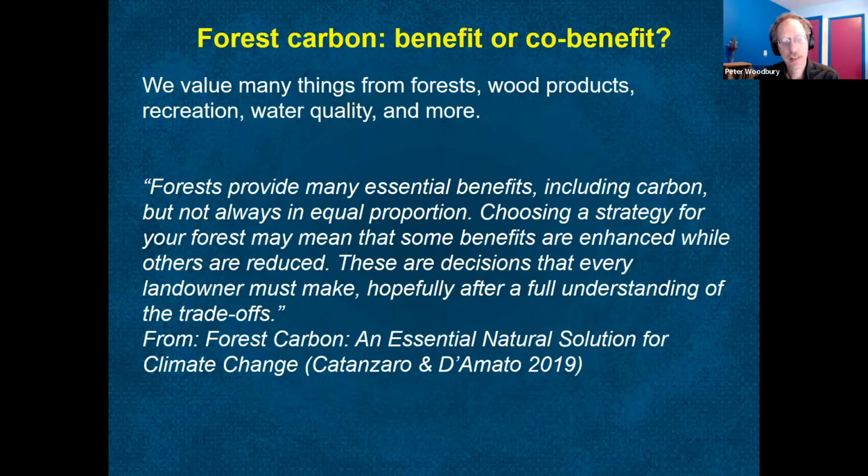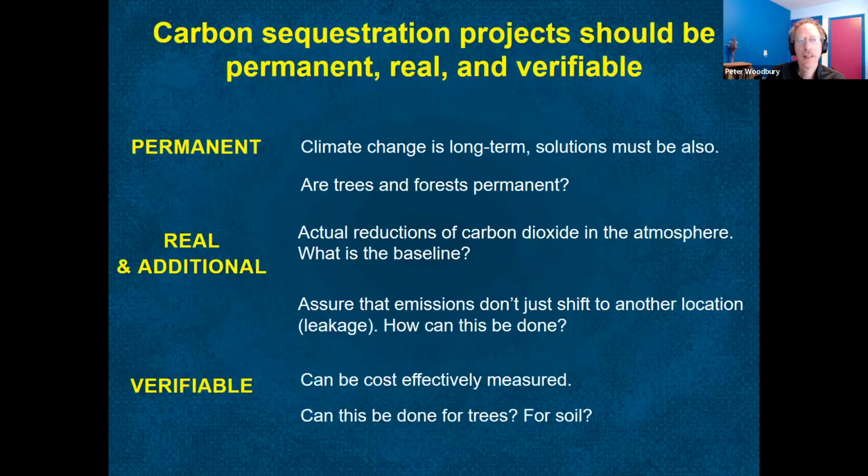There are technological efforts to remove carbon from the atmosphere using industrial processes. Even if those are affordable and successful, they're not going to provide all of the other benefits provided by a forest. When we think about carbon sequestration, there are some important criteria.